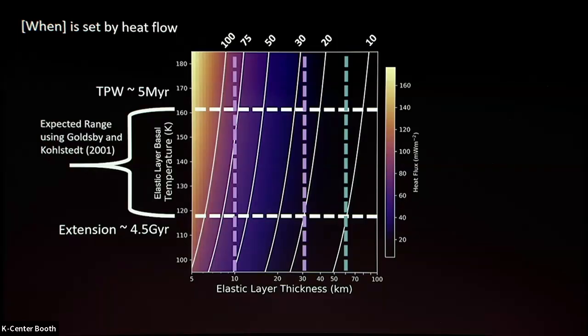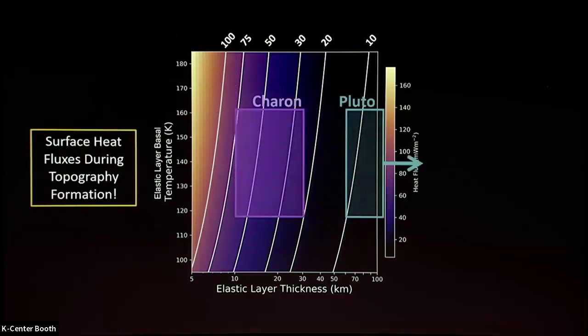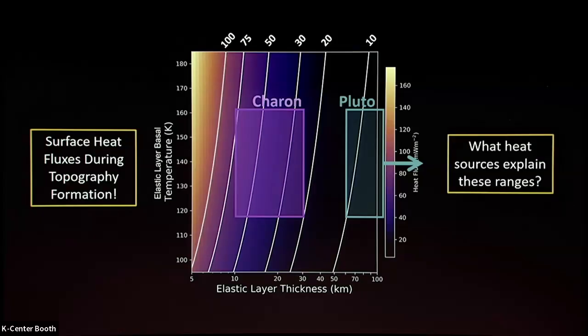If you model that, it allows you to determine heat flux ranges for Pluto and Charon during topography formation for the limb profile topography. And this is what we got for the paper. These are the ranges we got for Pluto and Charon.